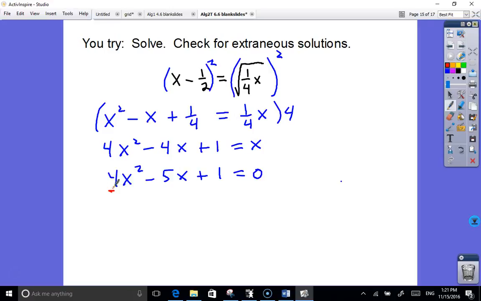Now, you could use the quadratic formula. You could even use the quadratic formula with the fractions involved, which Jason did, and he got the right answer. But I'm just going to factor it because it is factorable. The factors of 4 that add up to negative 5 are negative 4 and negative 1. And then I group.